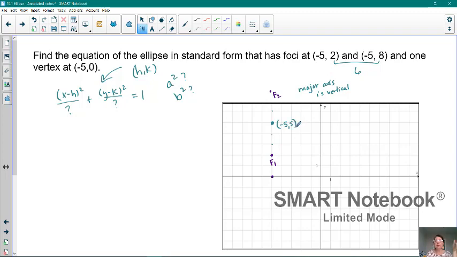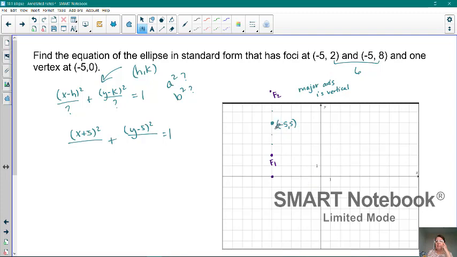Guess what I know? H and K. So I have x minus -5, which is x + 5, squared, over, later to be determined, plus y minus 5 squared, over, later to be determined. I know this thing is going to be equal to 1. Now for all the later to be determined business.